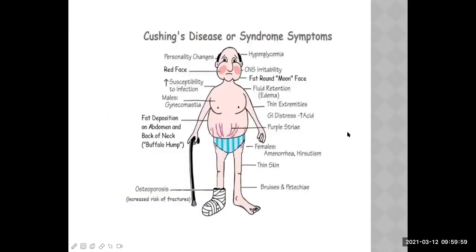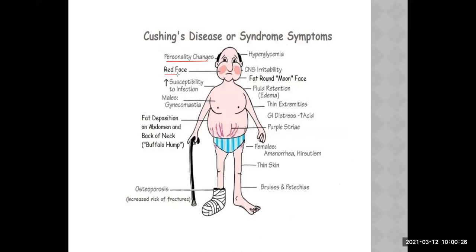Now, this picture is a very classical one and very easy for us to remember as well. Now, all of you, please pay attention here. So let's talk about it. These are the important clinical features of Cushing syndrome. Personality change, because of effect of the glucocorticoids on the brain.